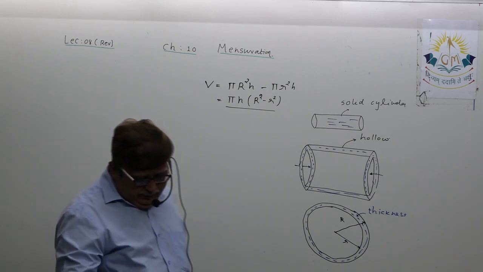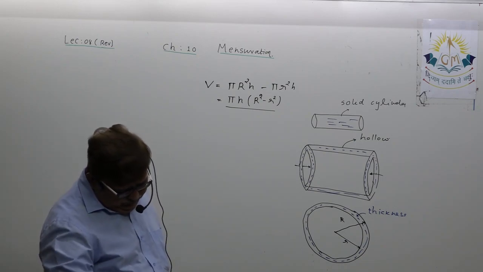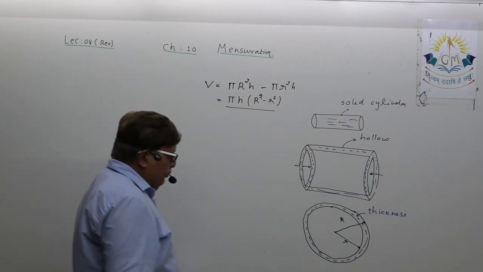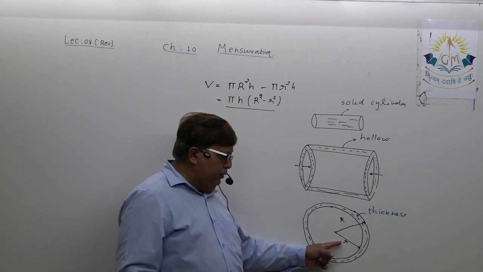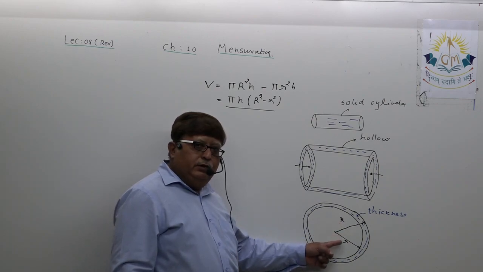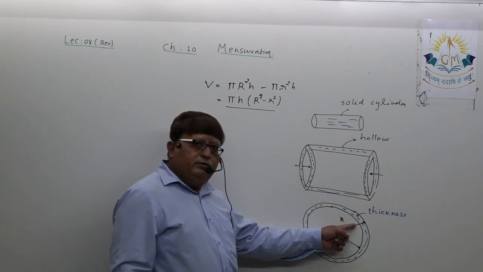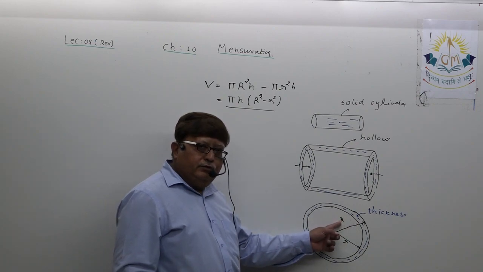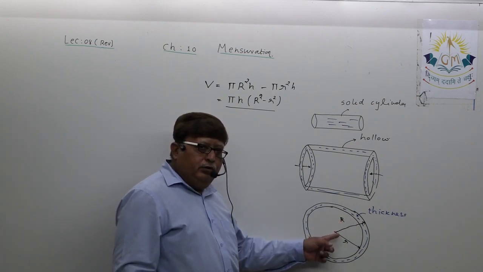Let us try to solve. Very important concept I just told you. If you are given the external radius, how will you find the internal radius? By subtracting thickness from the external radius, you will get the inner radius.